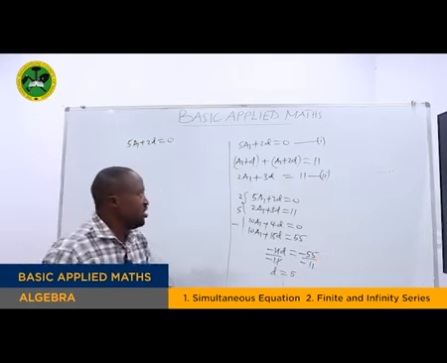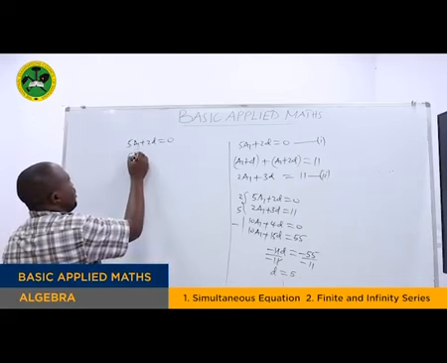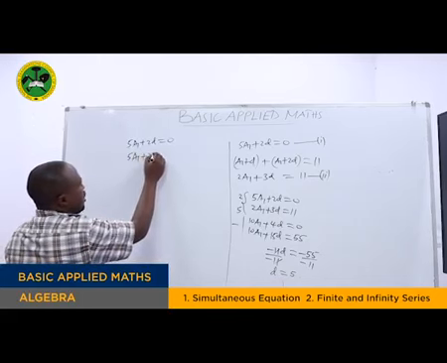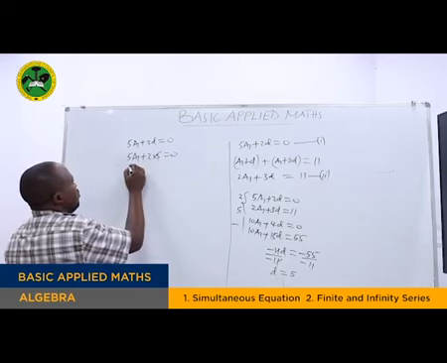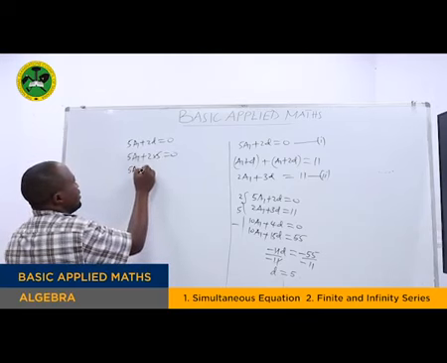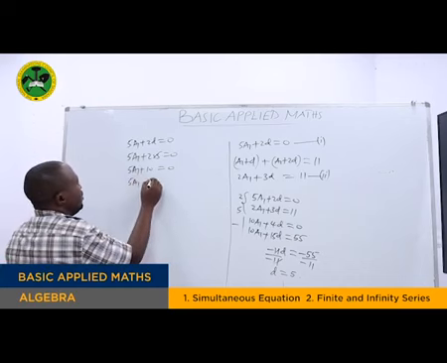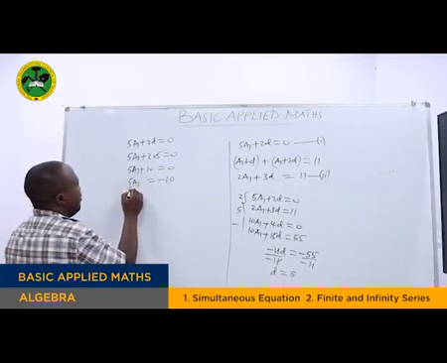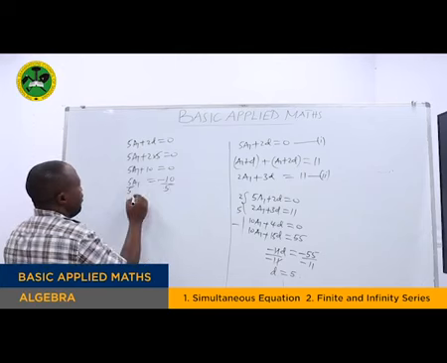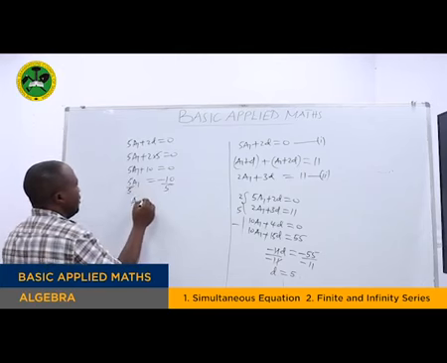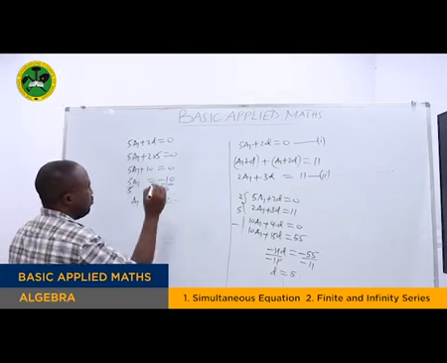Remember, we have d, so we substitute, that is 5a1 plus 2 times 5 is equal to 0. So 5a1 plus 10 is equal to 0. So 5a1 is equal to negative 10, divided by 5, we have a1 is equal to negative 2.